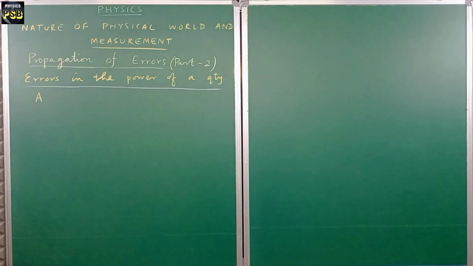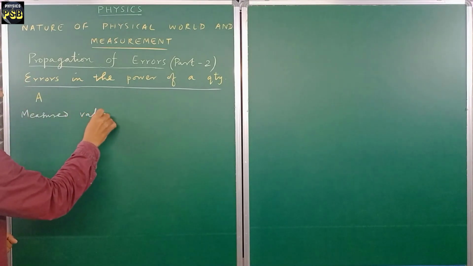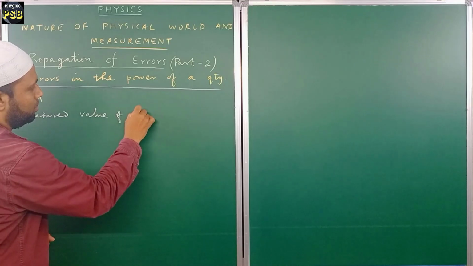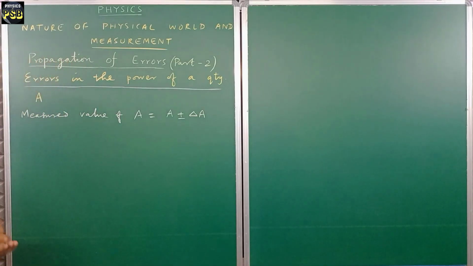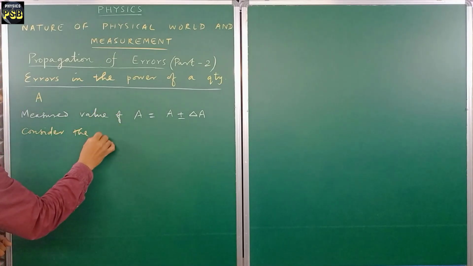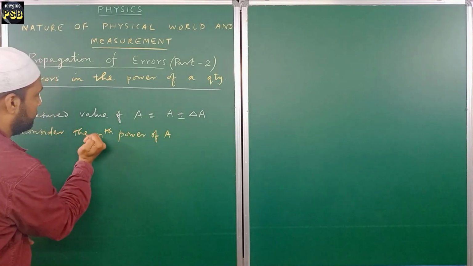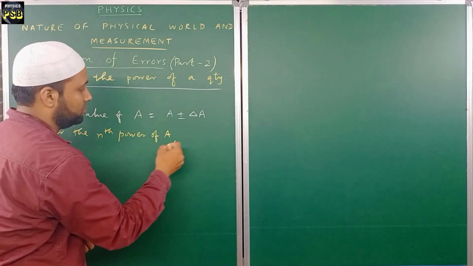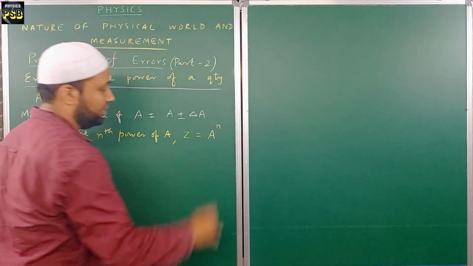Then the measured value of A is taken as A plus or minus delta A, and I consider the nth power of A as Z is equal to A power n.